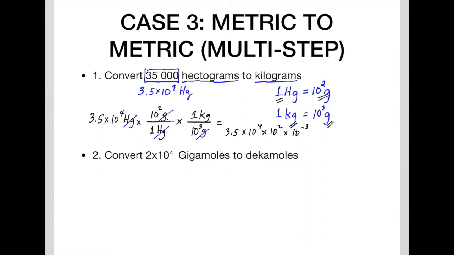And then therefore, that is 3.5 times 10, 4 plus 2 plus negative 3, and then my final answer is 3.5 times 10, 4 plus 2 is 6, 6 minus 3 is 3. So 3.5 times 10 raised to 3 kilograms. And therefore, box my final answer.